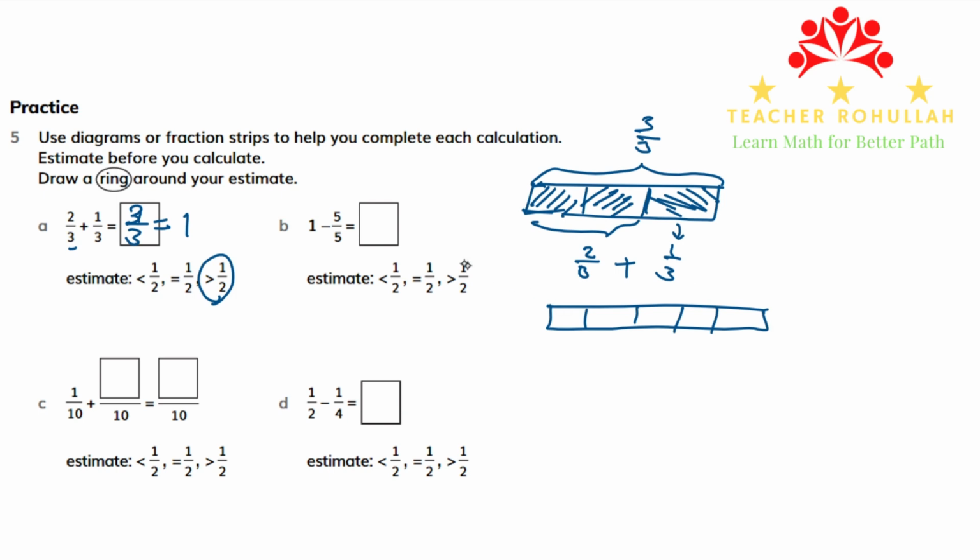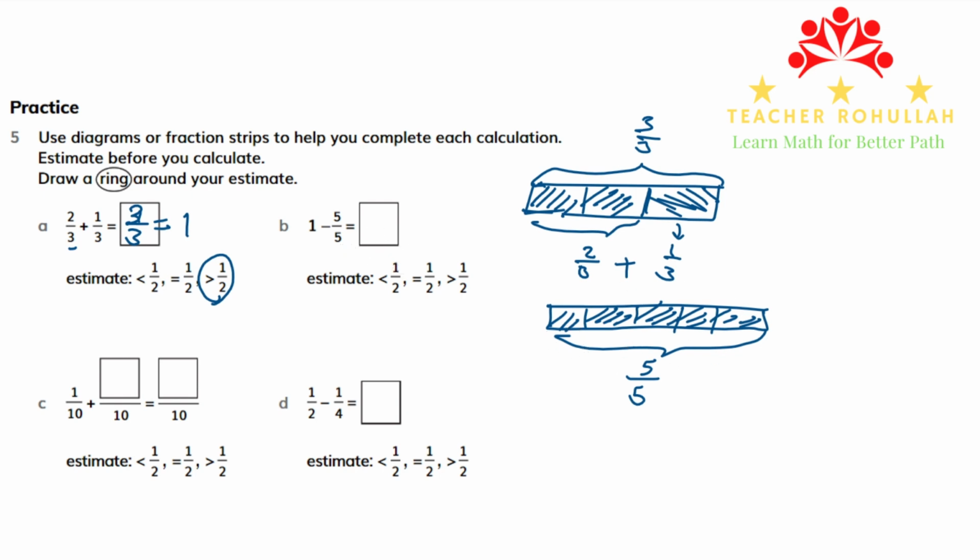And 5/5 means we have taken all 5 of them: 1/5, 2/5, 3/5, 4/5, and 5/5. This shows 5/5. If we subtract 5/5 out of one whole part, it will give us 0.